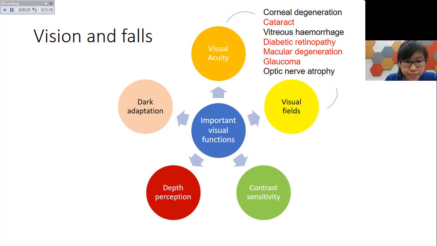In addition to that, contrast sensitivity and depth perception can also be reduced with age-associated physiological changes and dark adaptation as well. All in all, if these visual functions are compromised, fall risk will definitely increase.